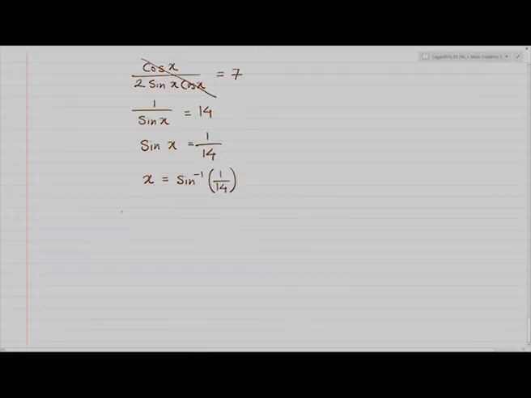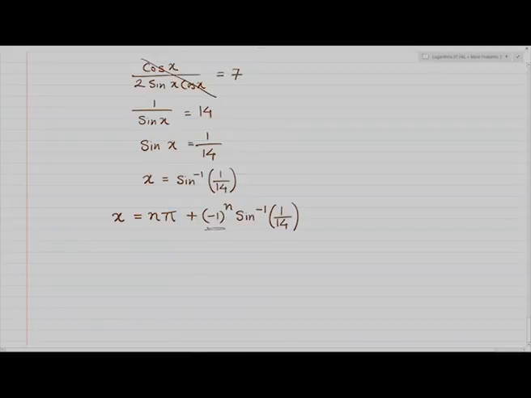If you are aware of trigonometric functions, all values of the form n pi plus minus 1 raised to n sin inverse of 1 upon 14. Why is this true? Because sin is a periodic function. So, sin x is equal to 1 by 14 after every n pi values, only thing is its sign will change, that is what is represented by this minus 1 raised to n.